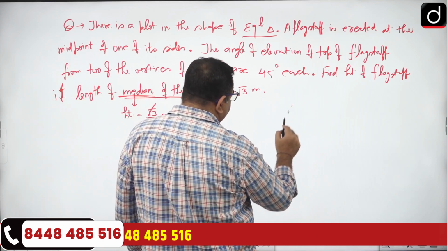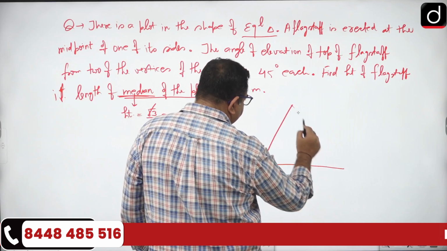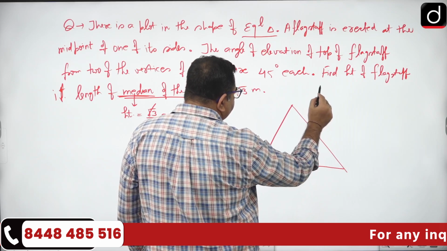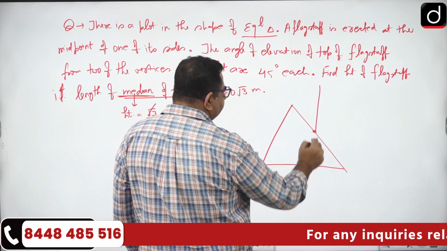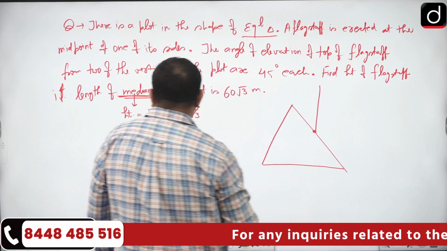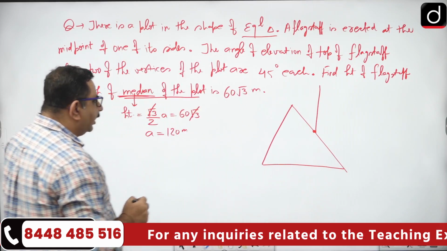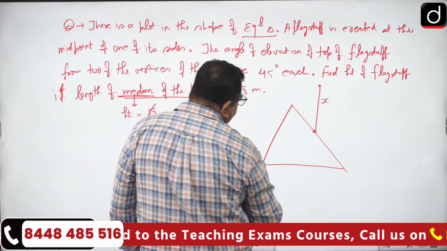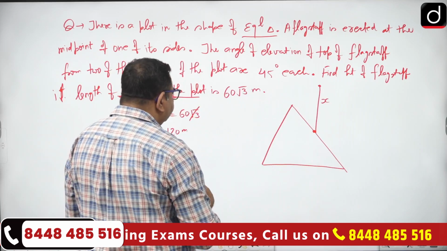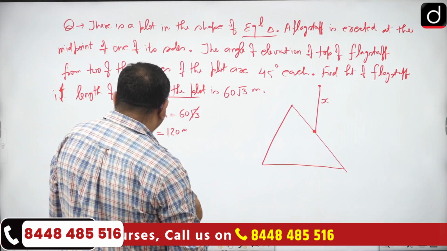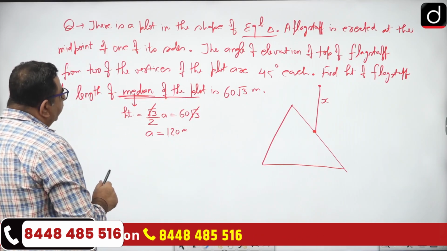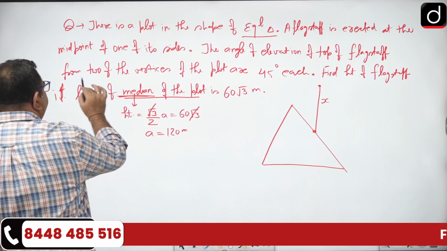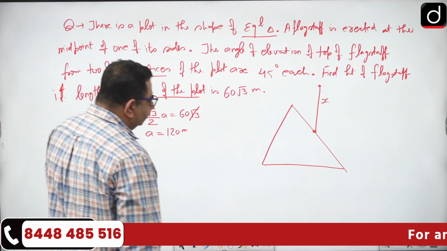So suppose this is an equilateral triangle, at the midpoint of any of the sides there is a flag staff, right? This is the flag staff whose height we have to find, that is let's say x. Okay, now if you see the angle of elevation of the top of the flag staff from two of its vertices, right?